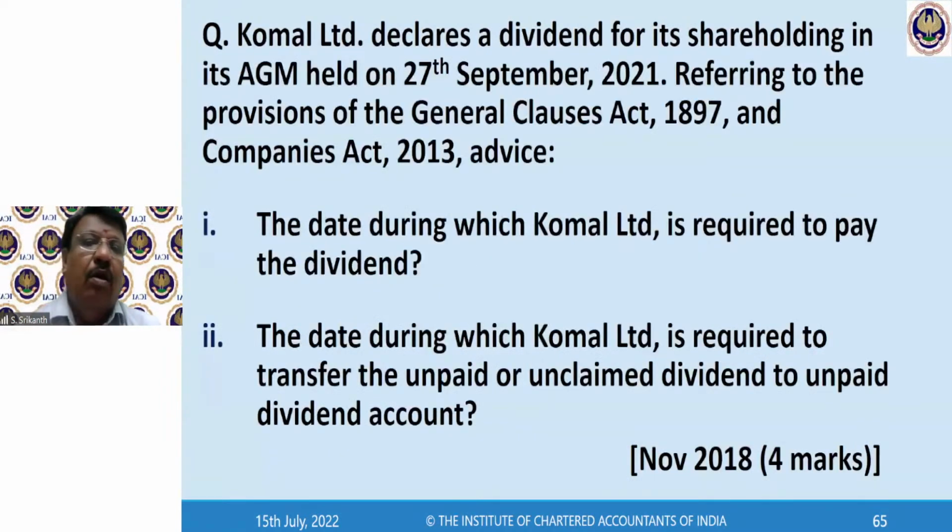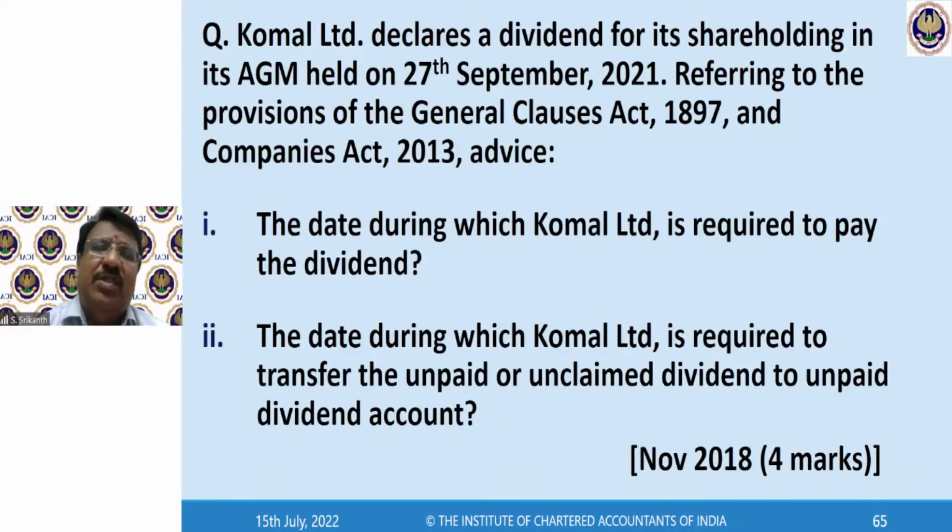COL Limited declares a dividend for its shareholders in its AGM held on 27th September 21, referring to the provisions of the General Clauses Act and Companies Act. Why? Because the Companies Act tells you that a dividend once declared should be paid within 30 days. So for calculating it, we should not include 27 September.